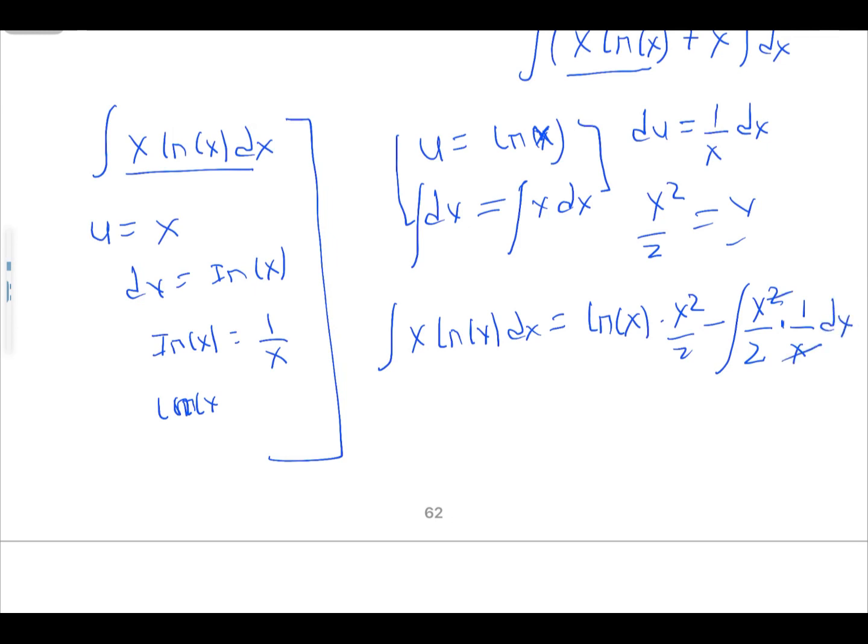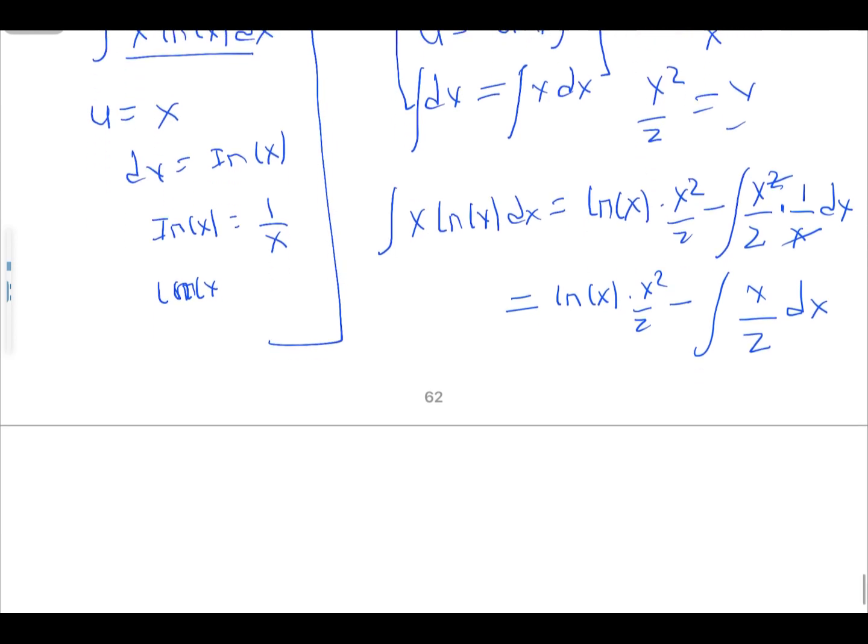We can see that we can reduce the power over here, and therefore the resulting answer would be ln x times x squared over 2 minus integral of x over 2 dx. And you can see that this one is easy to integrate.